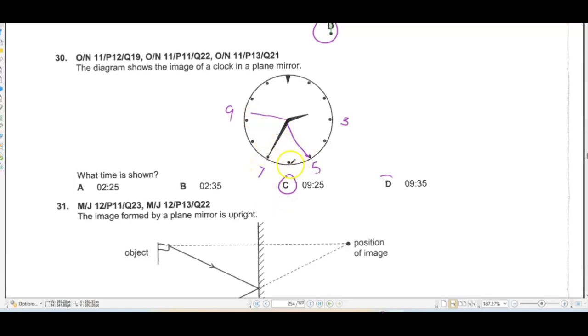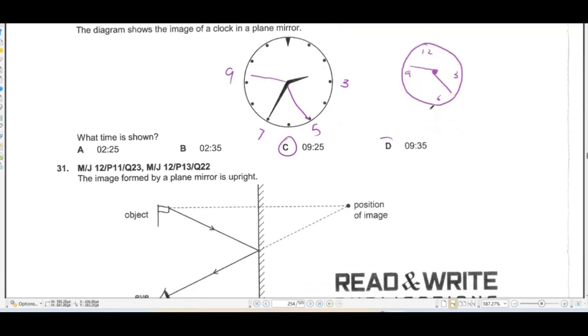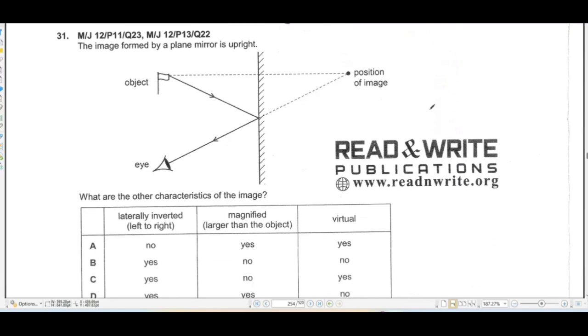If it is 1 point over here, so it is going to be 1 point over here. And if it's over here, so it's going to be over there. So this is what happens in lateral inversion. The clock would have looked like this.